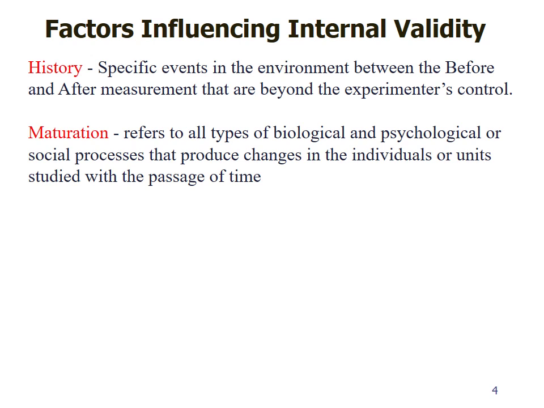Another thing is maturation, okay, the growth. This refers to the biological, psychological or social processes that produce changes in the individuals or units of the experiment under investigation during the period of time.